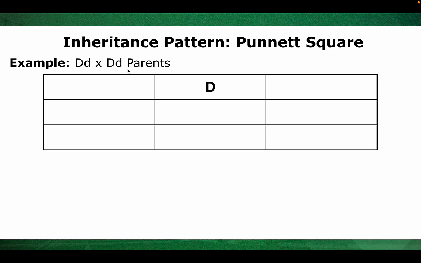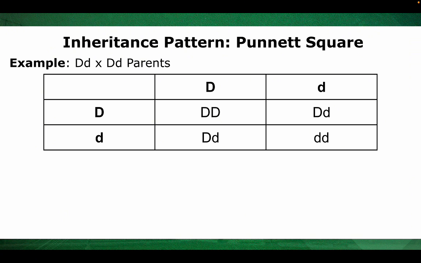So just write capital D, small letter d here, and capital D, small letter d here. Next, combine them. Big D with big D is DD. Big D with small d is Dd. And small d with small d is dd.